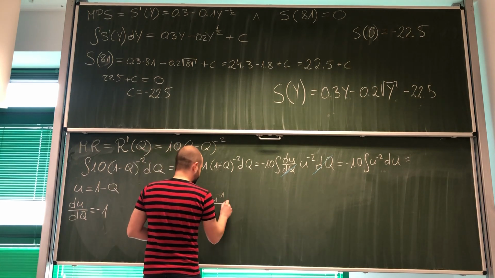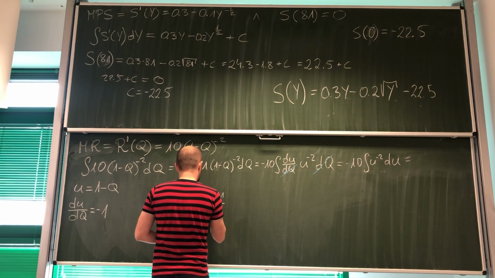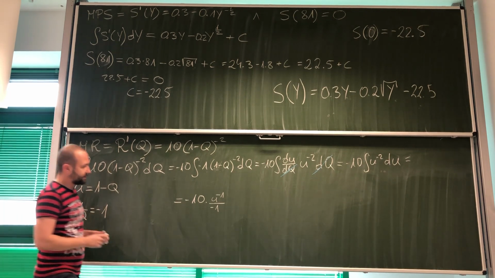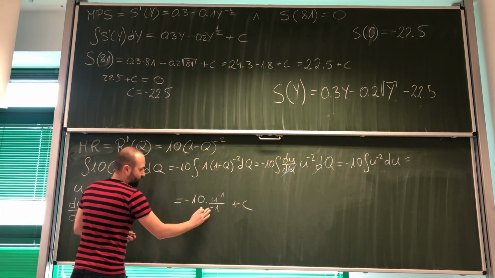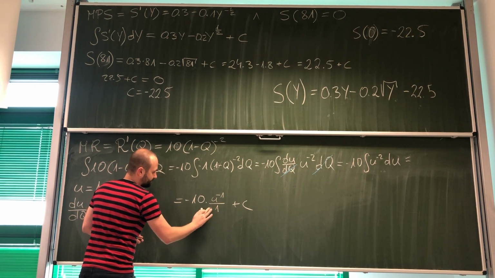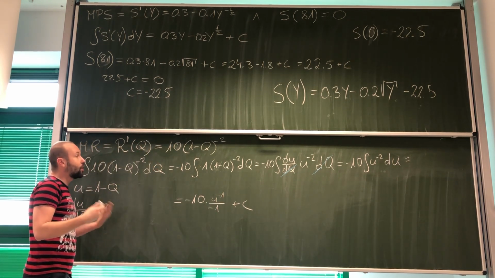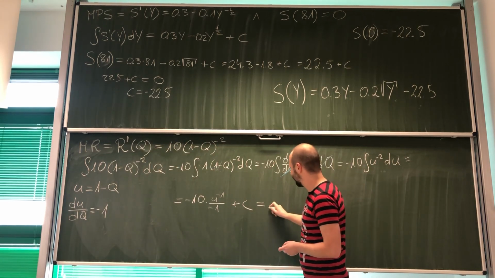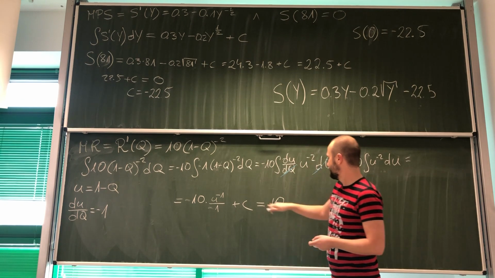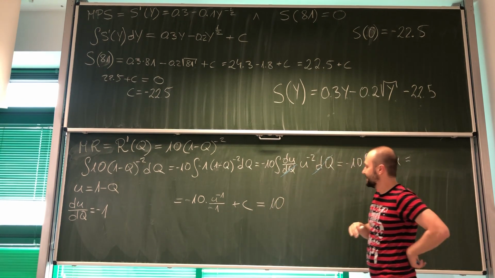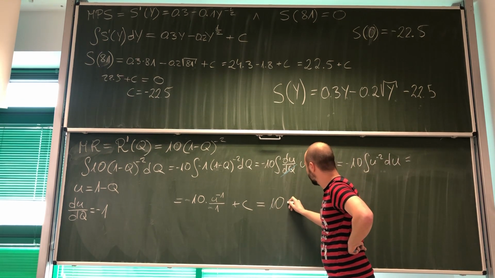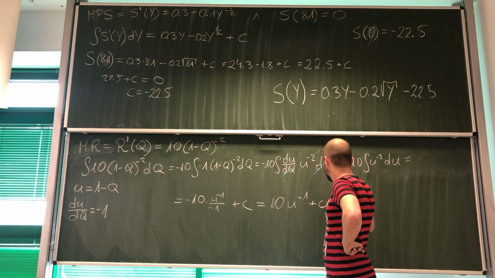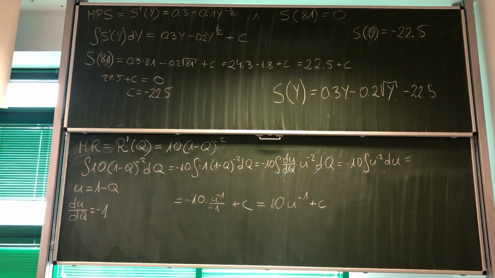So here we are dividing by negative 1. Of course, plus c. So clearly we see that those minuses cancel each other out. So what we end up with is 10 u to the power negative 1 plus c.